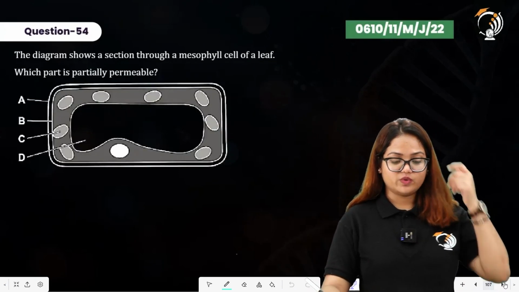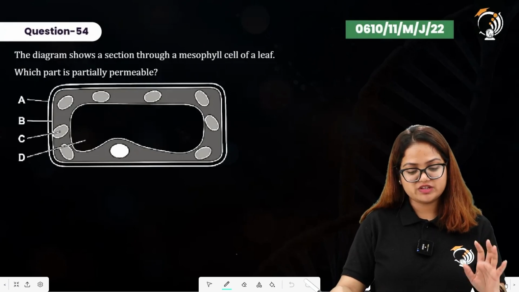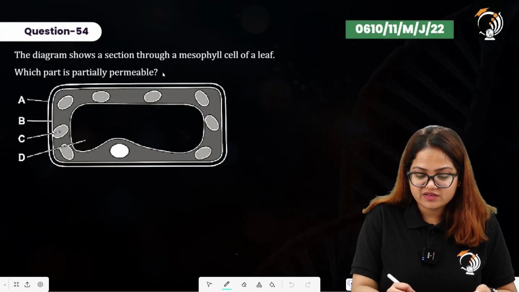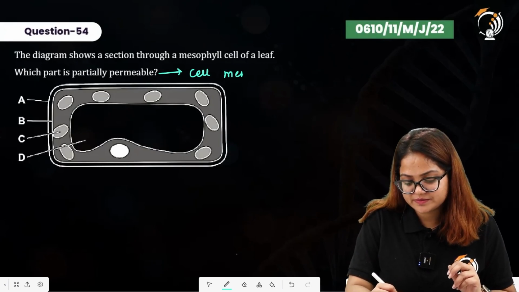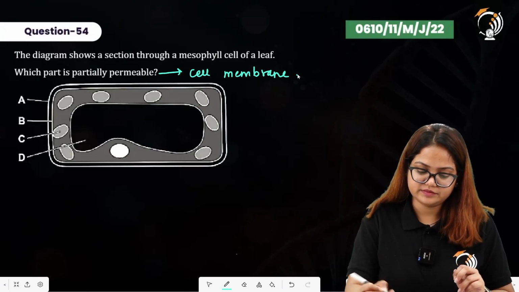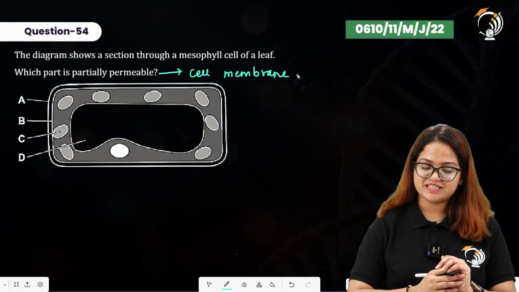Moving to question number 54, that says the diagram shows a cross section through a mesophyll cell of a leaf, which part is partially permeable, and we have already understood that this is a property of the cell membrane. We have to identify the cell membrane from the given labelings here.